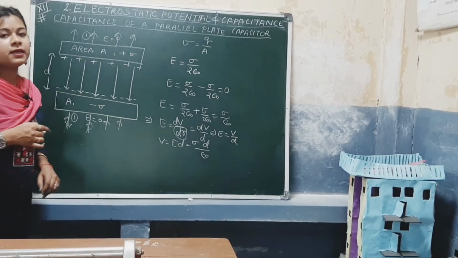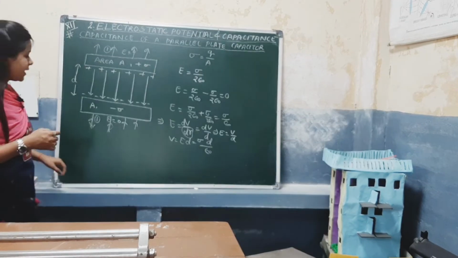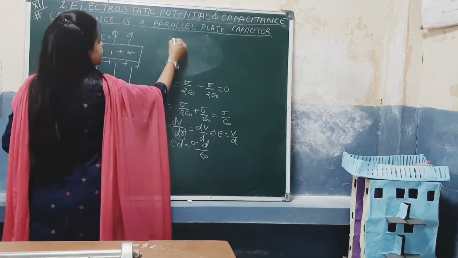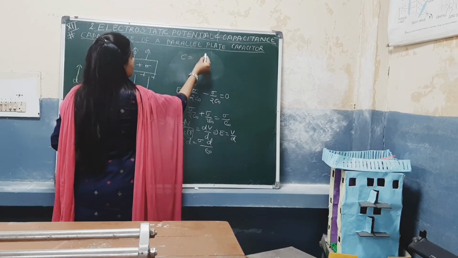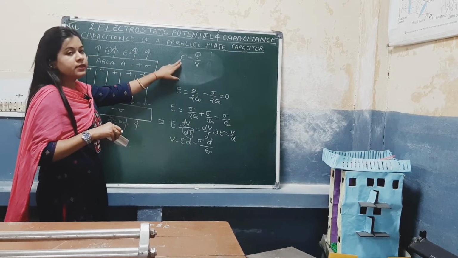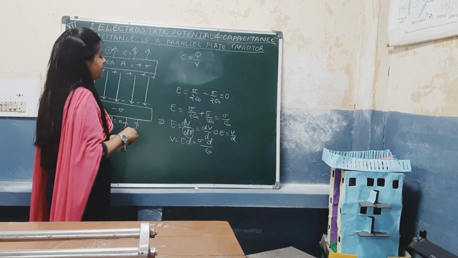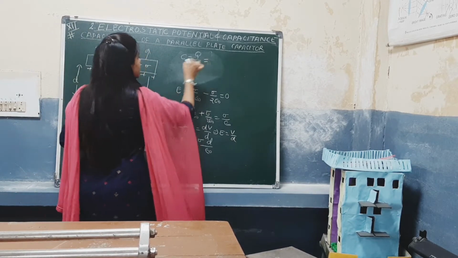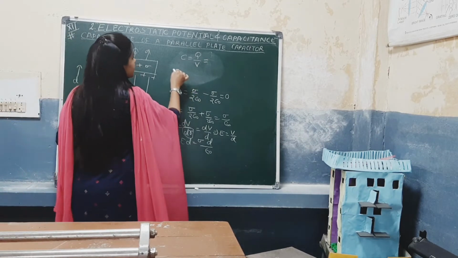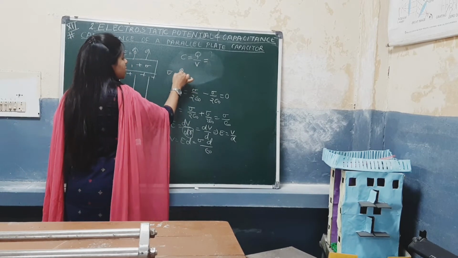Now utilizing the capacitance formula, C is equal to Q upon V. So we have to find out the capacitance of this parallel plate capacitor. What is the charge here? Charge is evenly distributed on these two plates, and we know that sigma is equal to charge per unit area.